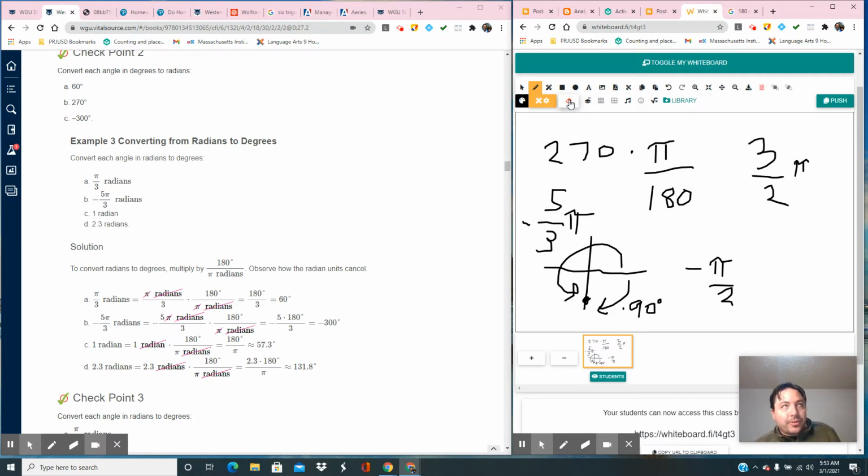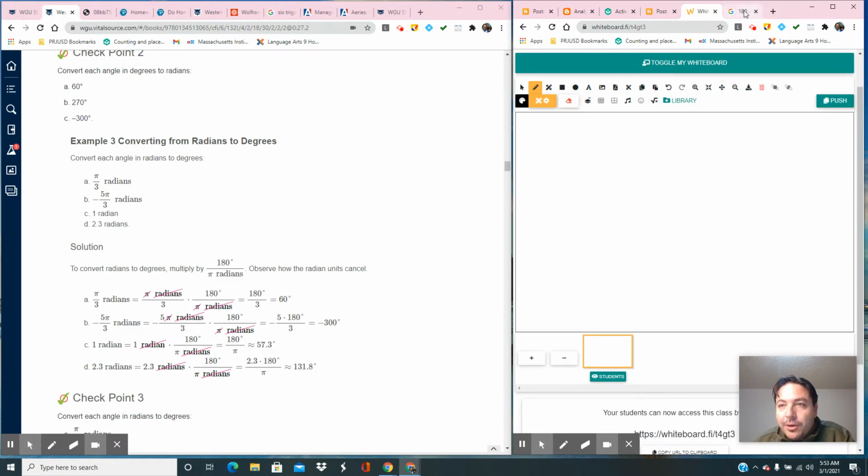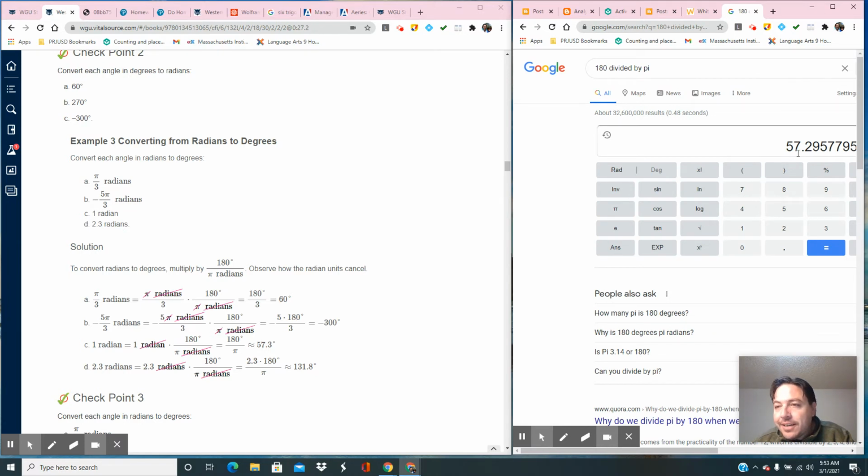So 1 radian should be a little bit less than a third of 180. A third of 180 is 60. A little bit less than 60 would be like 57 degrees or something. So when I went over here to the calculator before, I got 57.3. That's how I'm remembering that and how it's making sense to me.